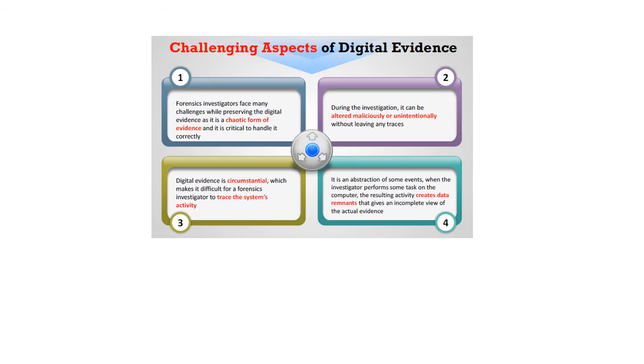Then we're also saying digital evidence is circumstantial, which makes it difficult for forensic investigators to trace the system's activities. When we're trying to investigate a particular incident, some of the evidence that we might find might be circumstantial, which usually makes it difficult for investigators to trace the system's activities.